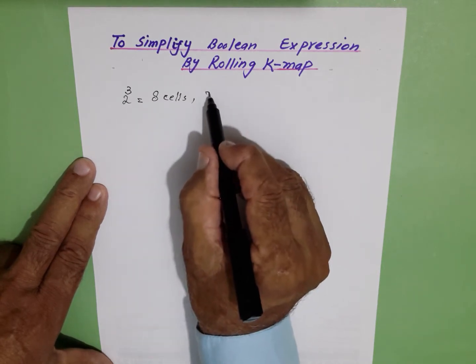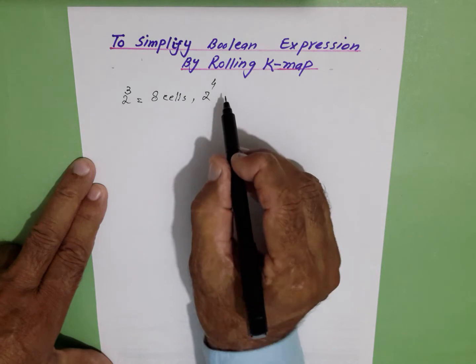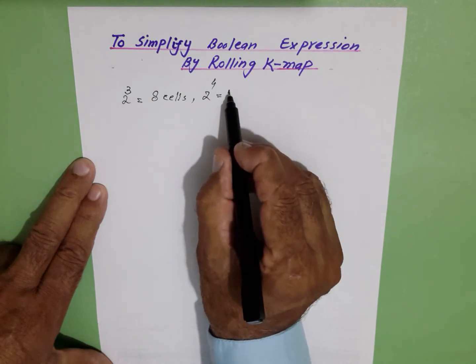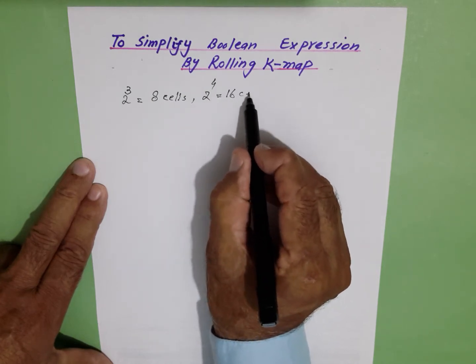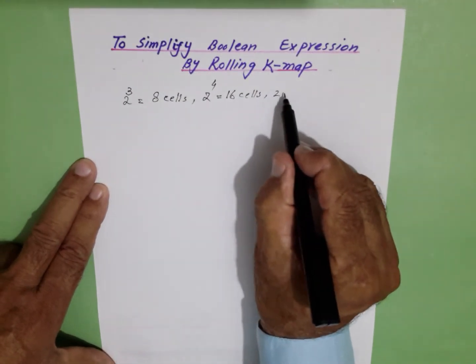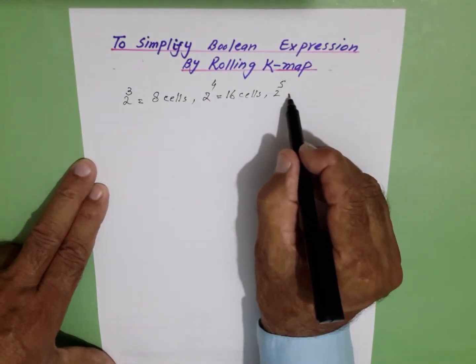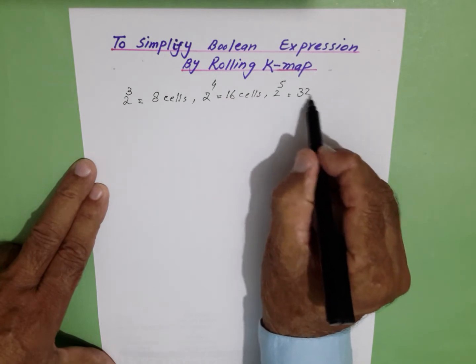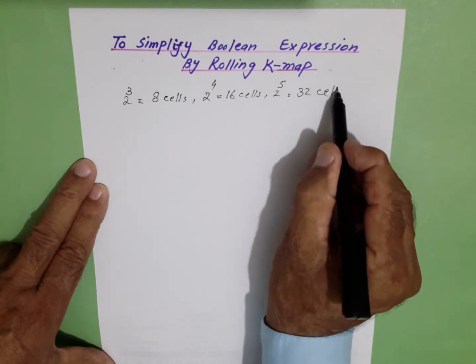For 2 raised power 4 there will be 16 cells of K-map. For 2 raised power 5 there will be 32 cells in K-map.